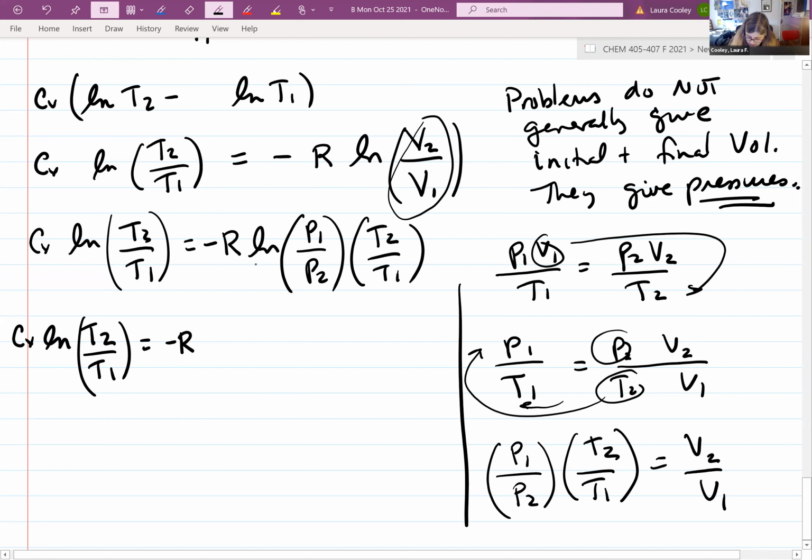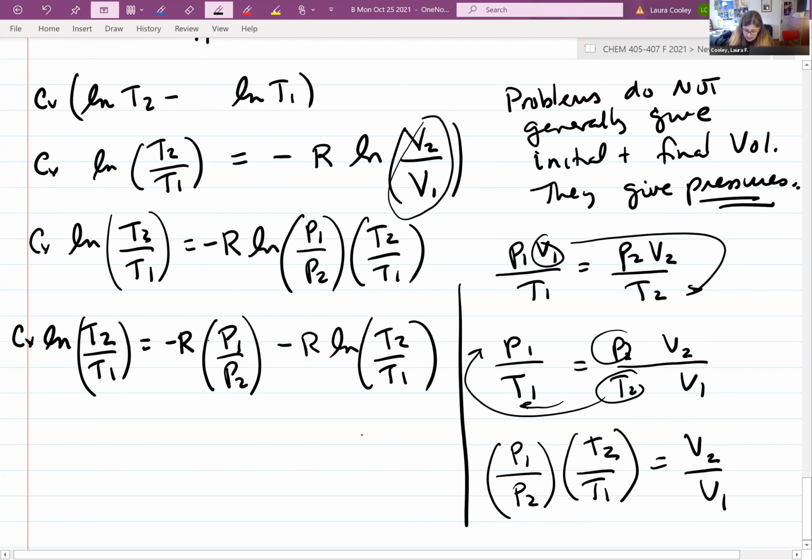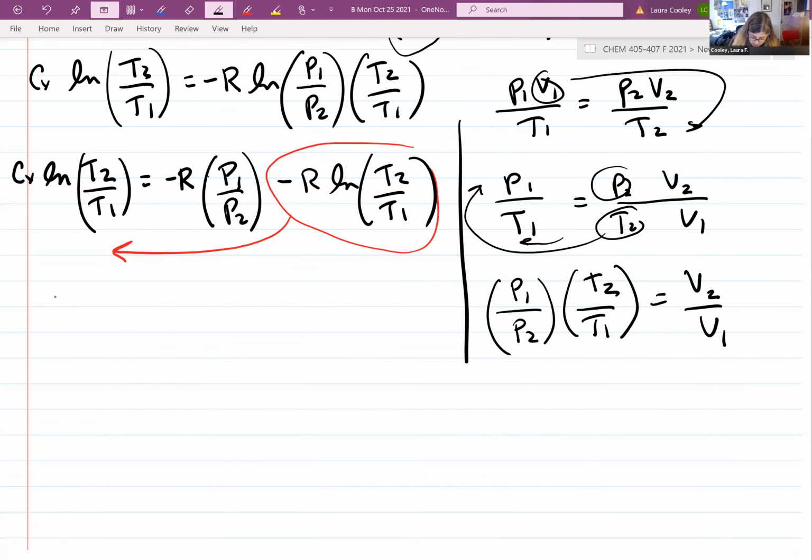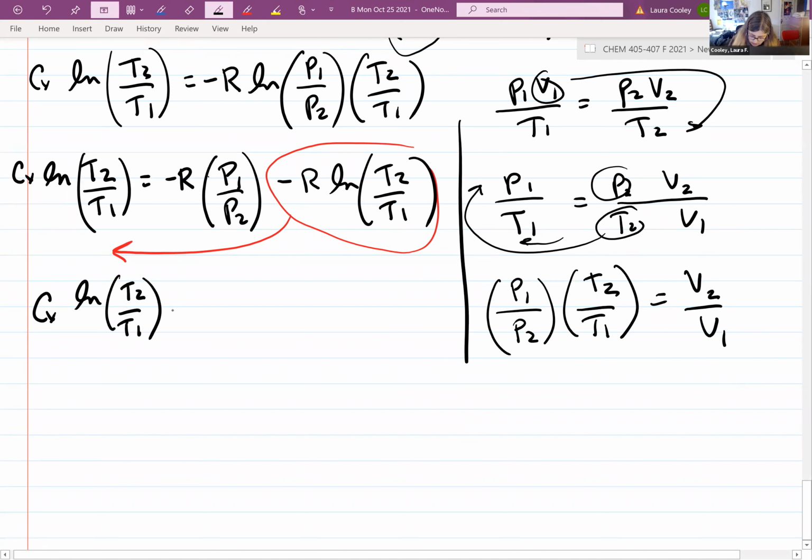This is minus R times the log of A, B, which is minus R times the log of A, I'll call this A, minus R times the log of B. So I separate that out, and now I see that I can move this term to the other side.